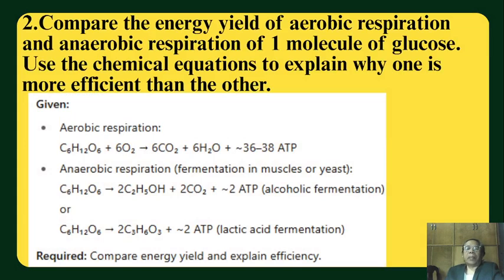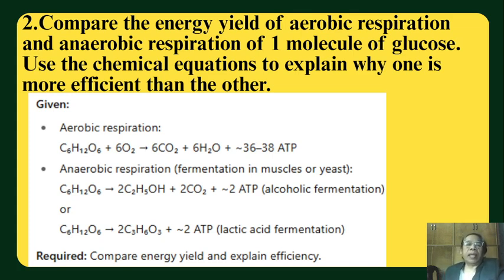Practice problem number 2. Compare the energy yield of aerobic respiration and anaerobic respiration of 1 molecule of glucose. Use the chemical equations to explain why one is more efficient than the other.